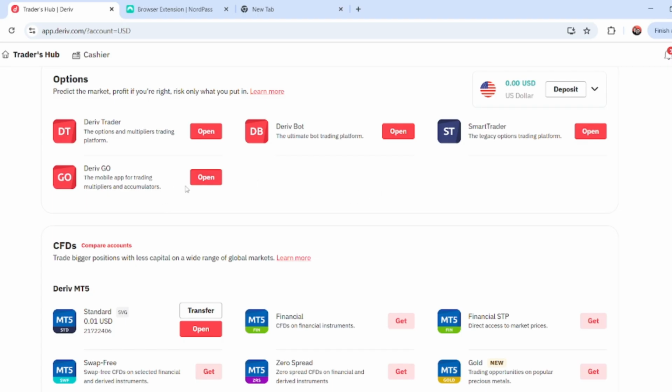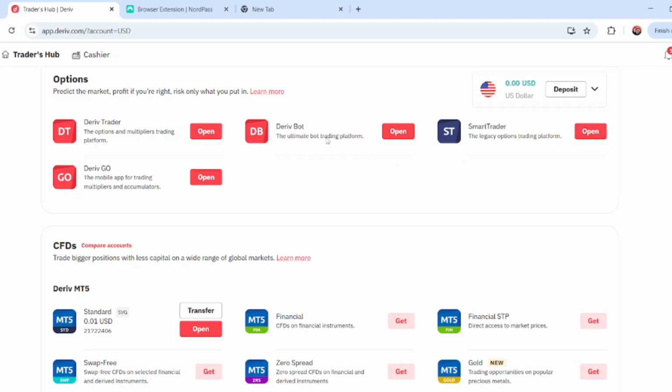So right away you can see that 3 to 4 years ago Deriv didn't have this many features that you are seeing here on their platform. Like I said, 3 to 4 years ago, Smart Trader was Binary Trader, which you all know. So if I want to trade on Deriv right now for binary.com, I'm going to open my Smart Trader.